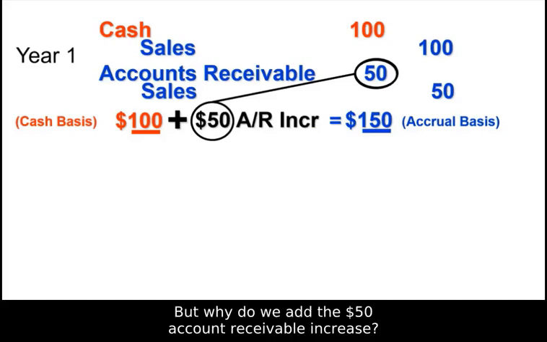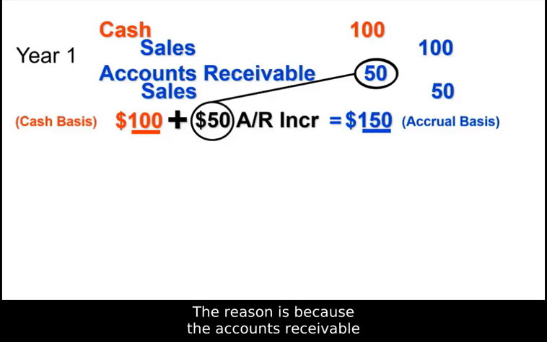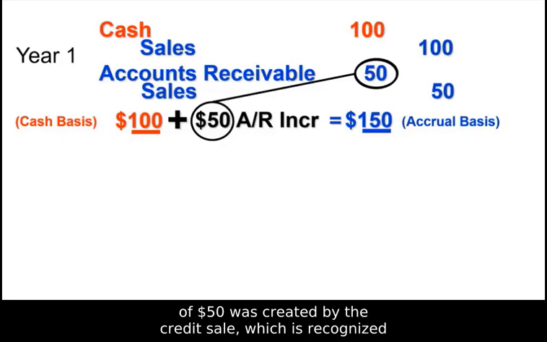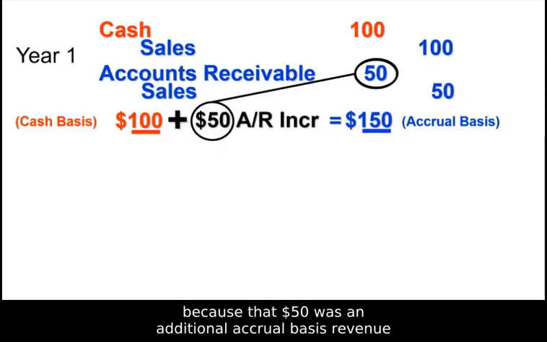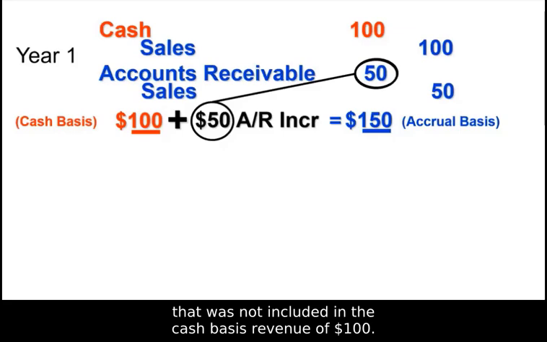But why do we add the $50 accounts receivable increase? The reason is because the accounts receivable of $50 was created by the credit sale, which is recognized for accrual basis, but not cash basis. As a result, we add the $50 because that $50 was an additional accrual basis revenue that was not included in the cash basis revenue of $100.